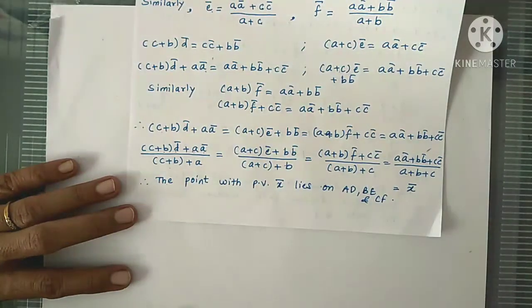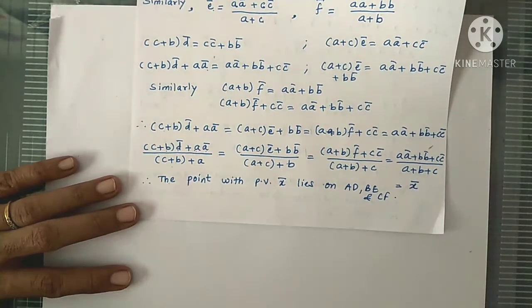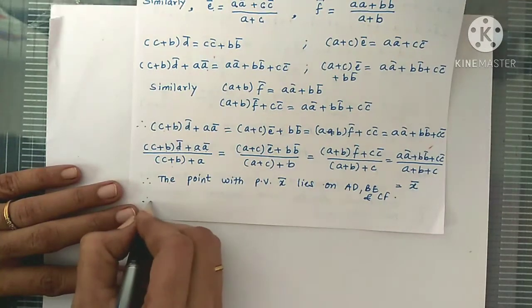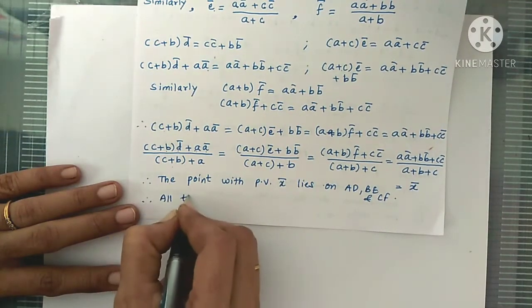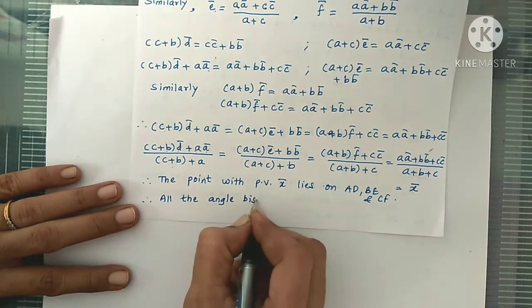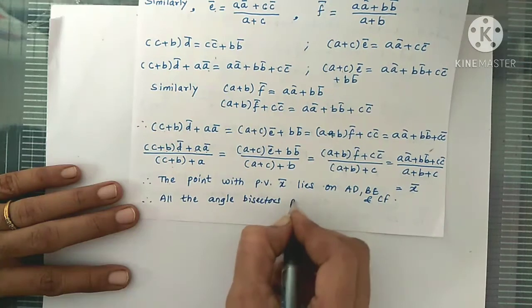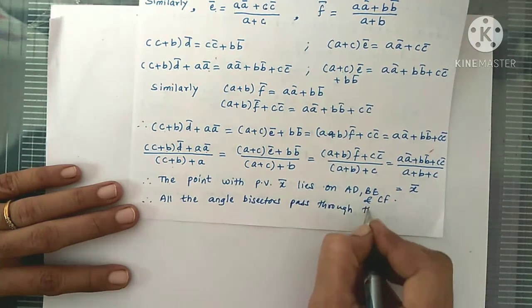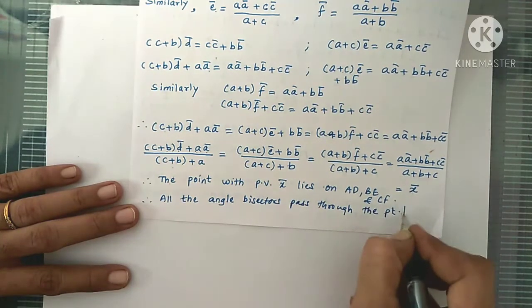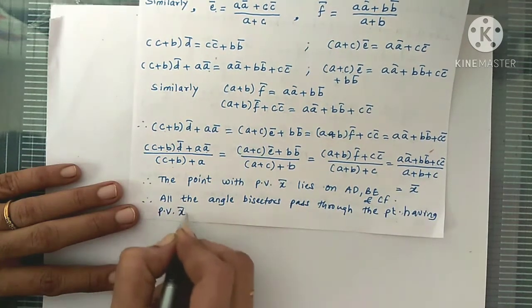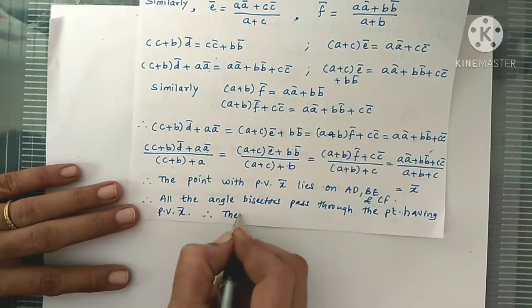That means it lies on all the three angle bisectors. That means all the angle bisectors pass through this point and that means they are concurrent. Therefore, all the angle bisectors pass through the point having position vector X bar. Therefore, they are concurrent.